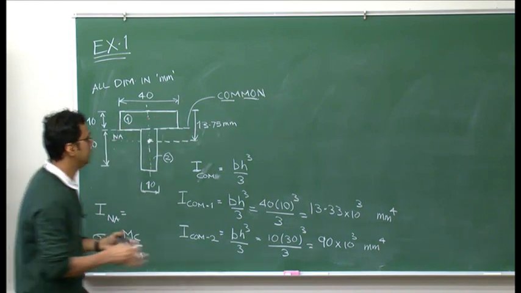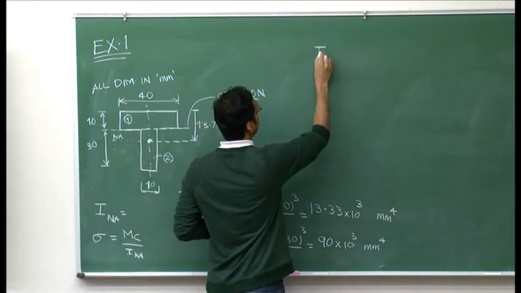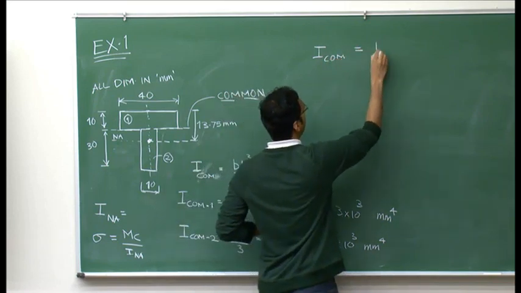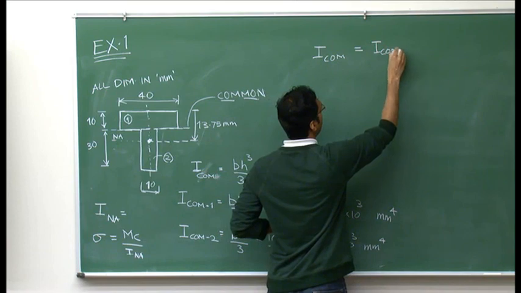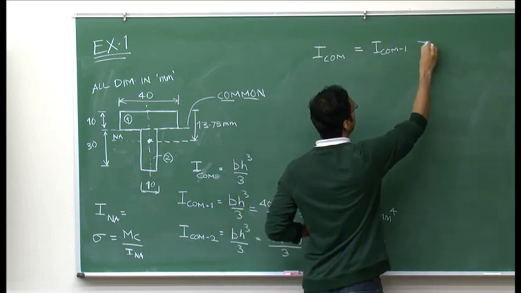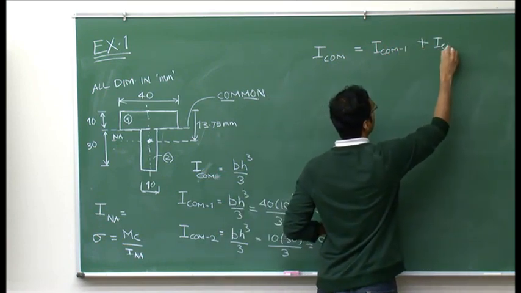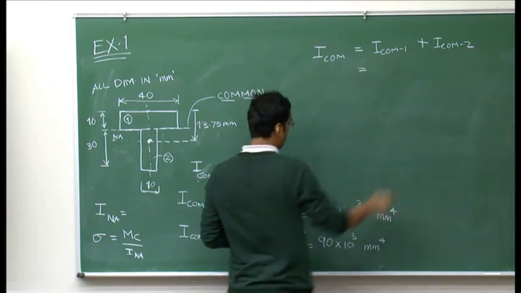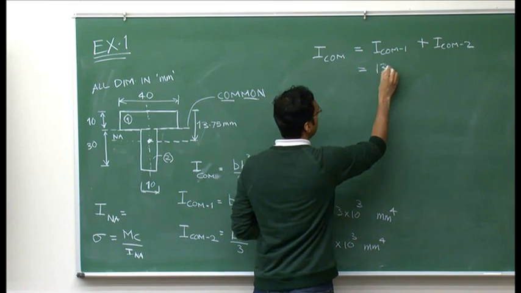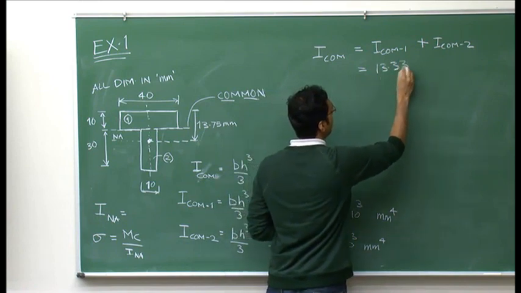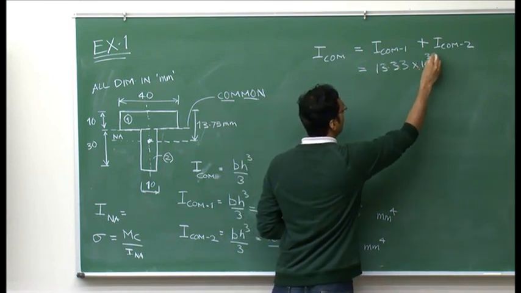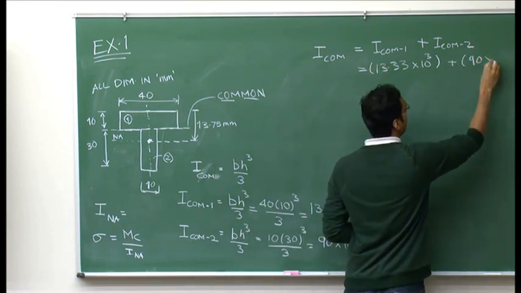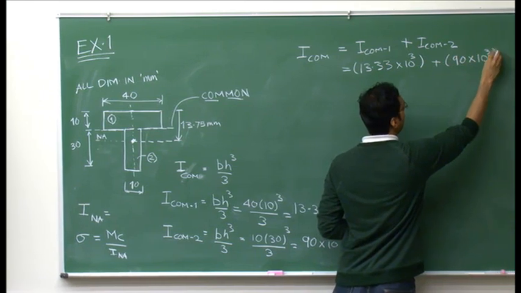So what we are going to do now is write I_COM is equal to I_COM1 plus I_COM2, and we are going to put the numbers here, which is 13.33 into 10 to the power 3 plus 90 into 10 to the power 3.